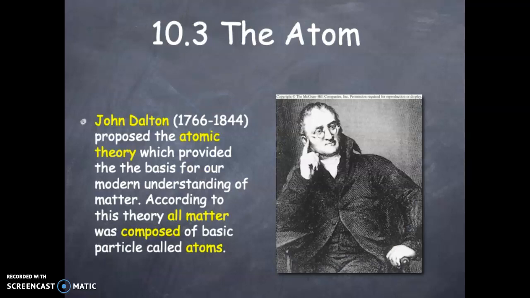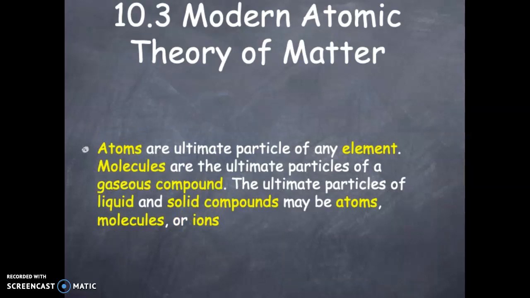Now, the simplest substance. John Dalton proposed the idea that atoms are the simplest substance that exists. That is true to this day, except that there's a nucleus now and there are particles in the nucleus that are also smaller. But nevertheless, this is a good picture of what elements are. So atoms are the ultimate small particles of any element.